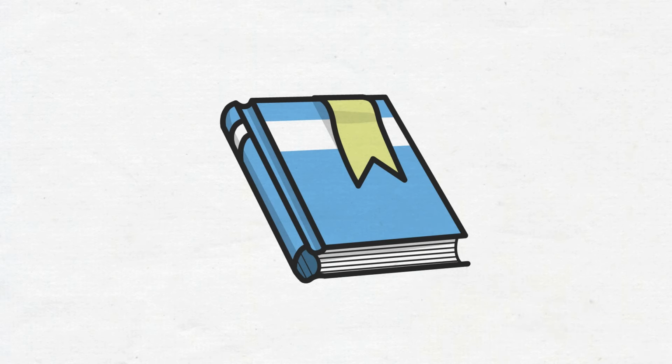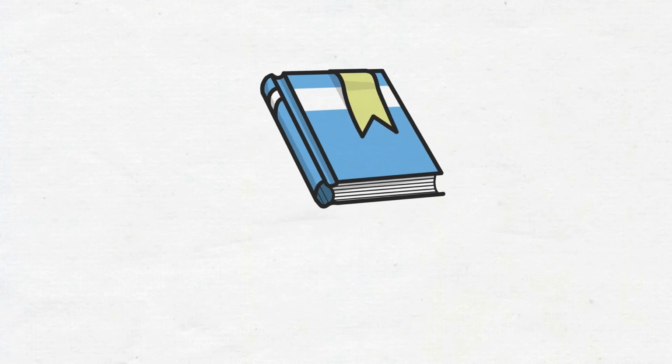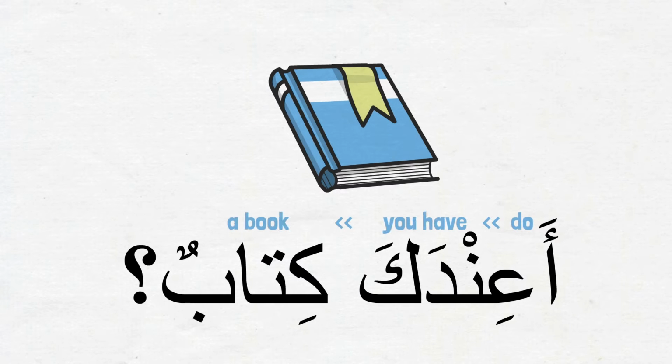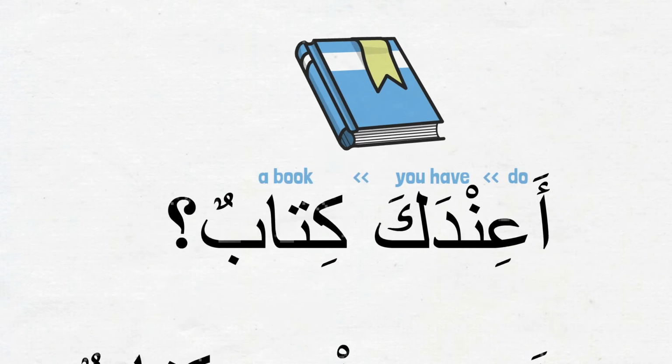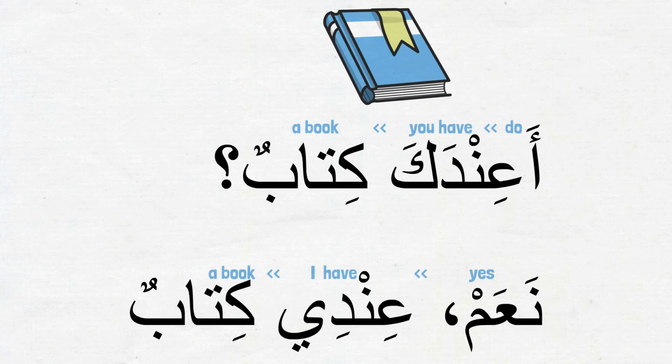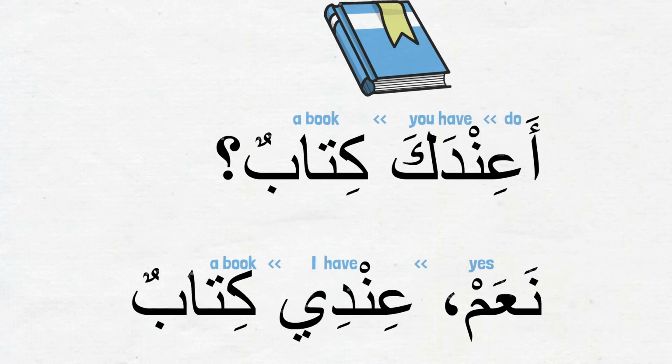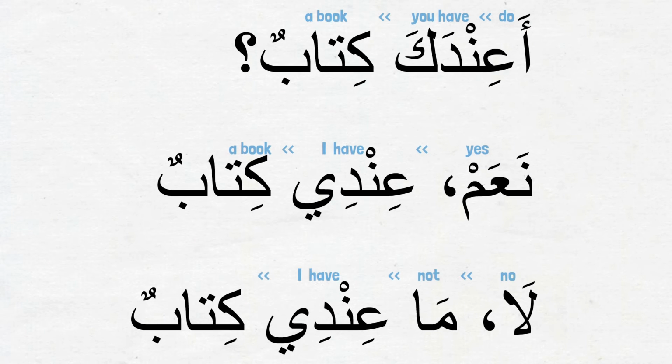Okay, it looks like our next object is kitabun. So what will be our question this time? أعندك كتاب? And we want to say, yes, I have a book. نعم, عندي كتاب. No, I do not have a book will be لا, ما عندي كتاب.